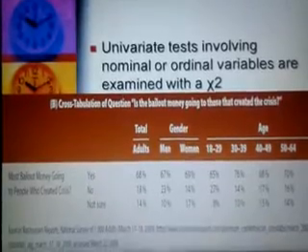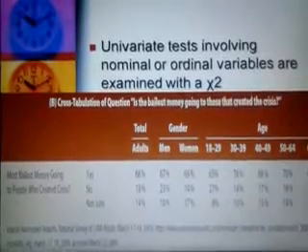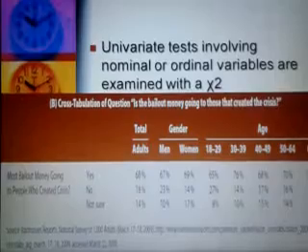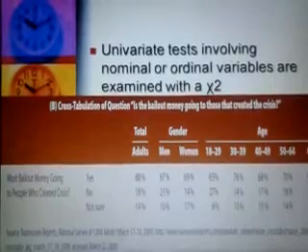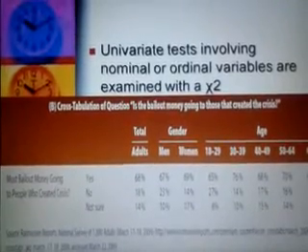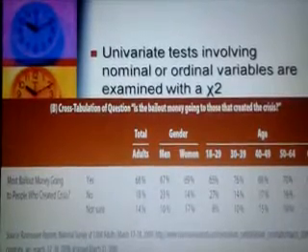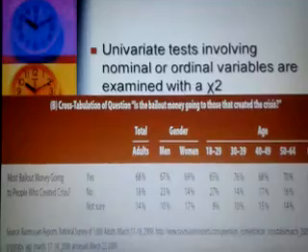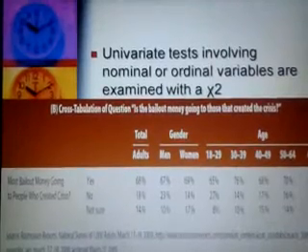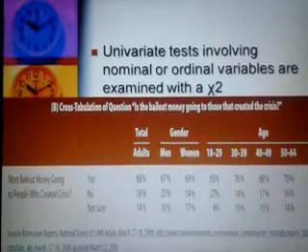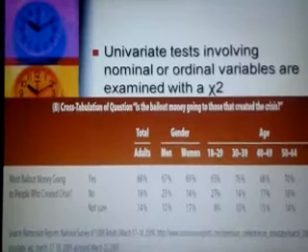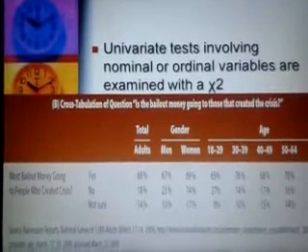In this type of cross tabulation, the chi-square test is used to see whether there is association between these frequency tables. There is one frequency table for gender, another for age. The chi-square test helps to understand whether there is any association between the table for gender and the table for age.